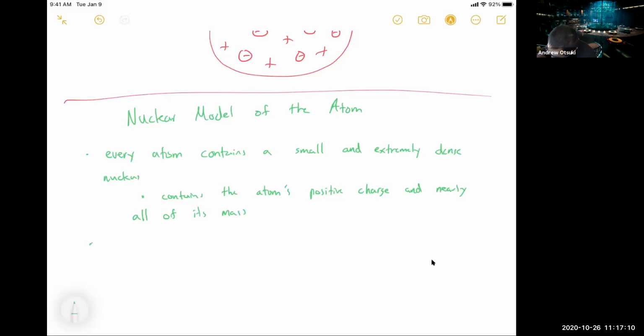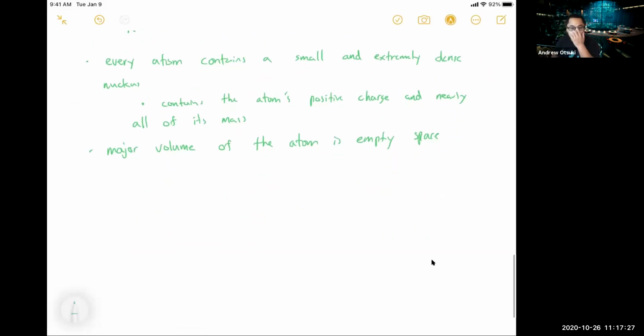In this case, the major volume of the atom is empty space, and the space outside the nucleus is thinly populated by electrons.